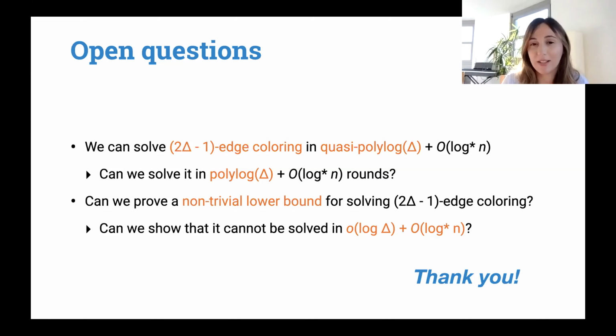But I don't have any strong reason why. But I would be really surprised. But for instance, your recent work, it's not giving any further evidence that log delta might be the right bound or something like this. Unfortunately, no.